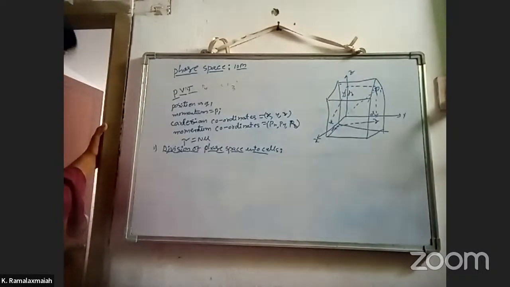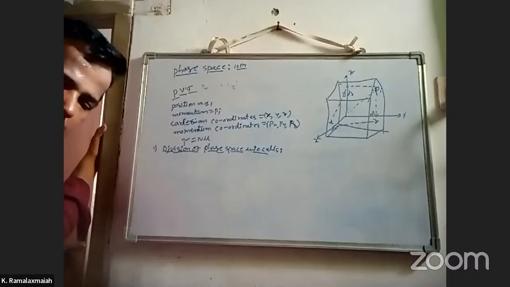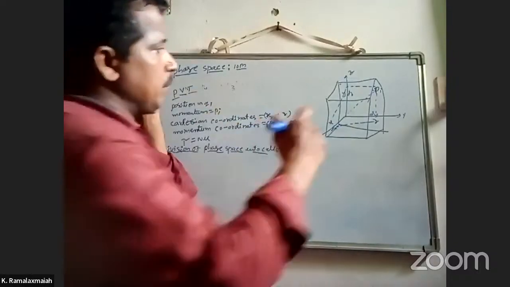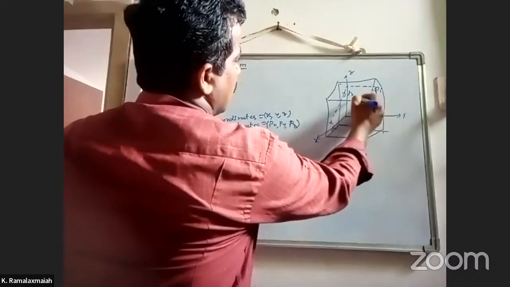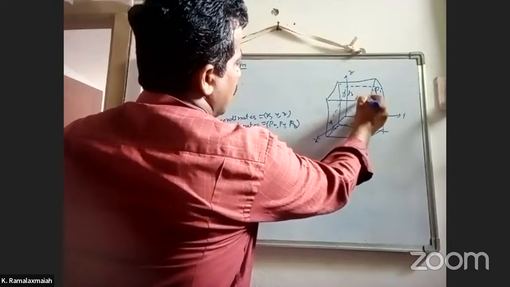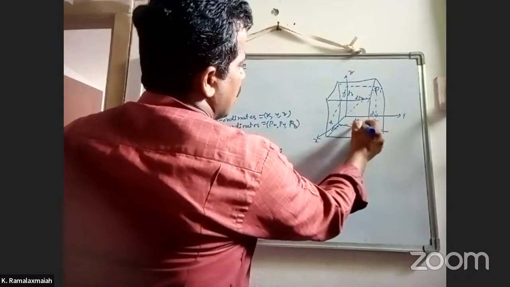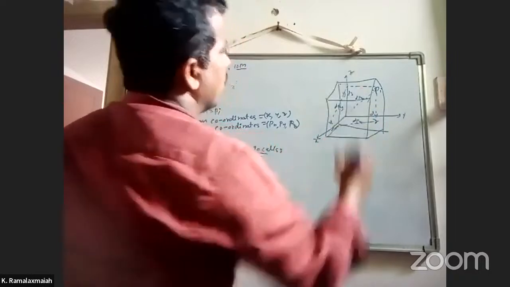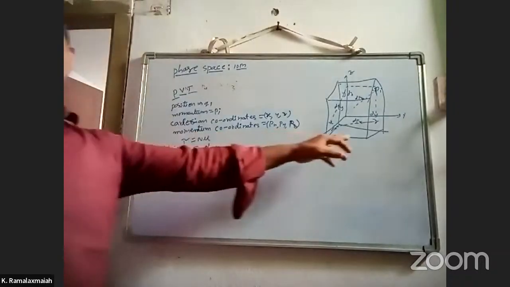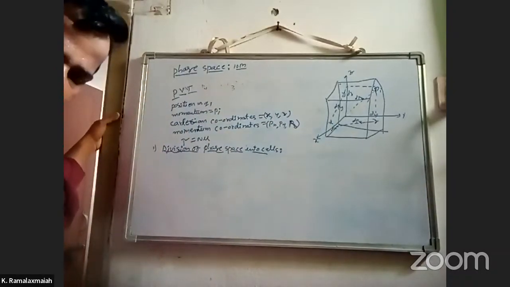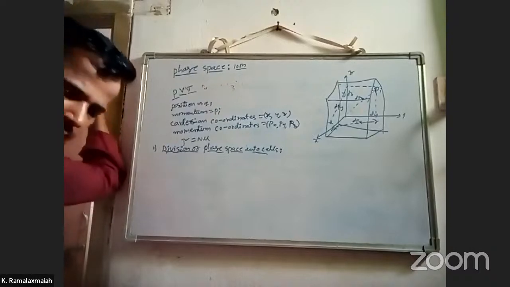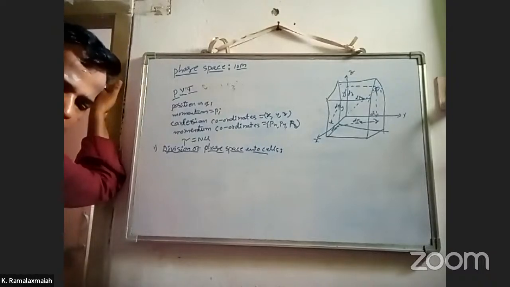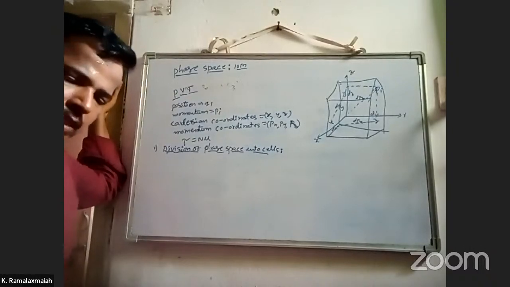So dx, dy, dz, and dpx, dpy, dpz together are called the phase space cells.